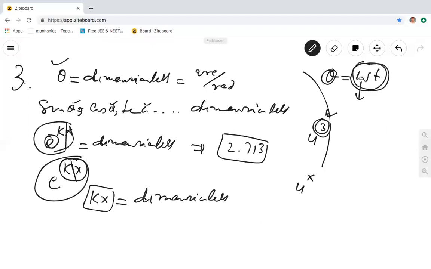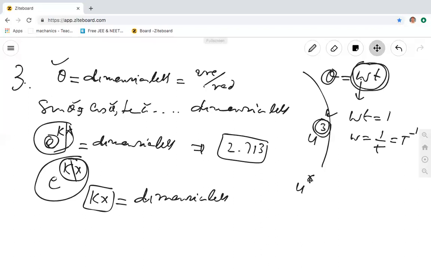Theta is dimensionless, omega t is dimensionless. That never means omega is dimensionless. Omega t is dimensionless means, let it be 1, dimensionless written as 1 as a number, that omega is 1 by t, that is t minus 1. Omega has dimensions of time inverse, and this is a time t. So the product is dimensionless. Try to understand these things.